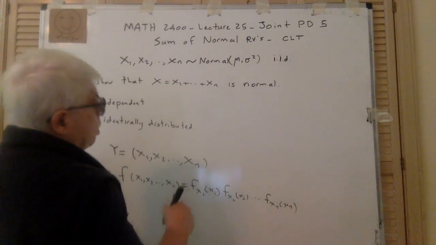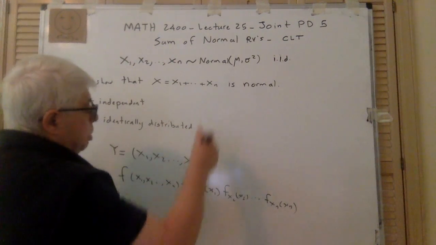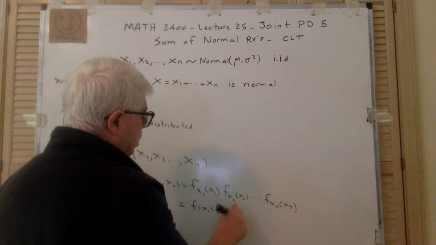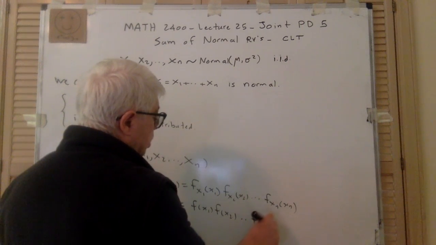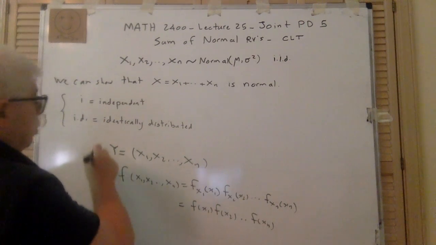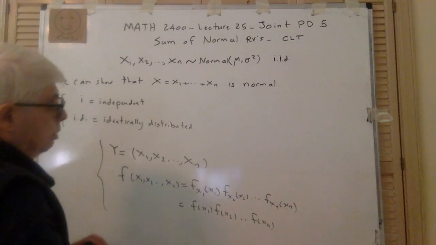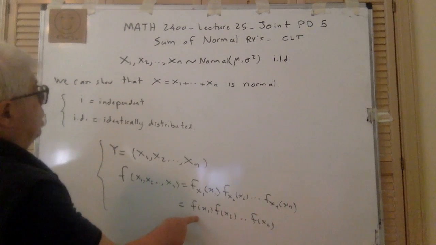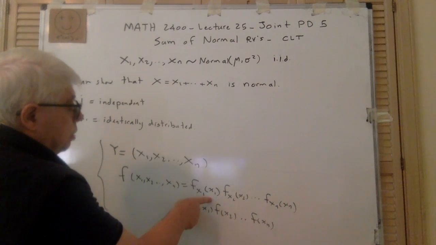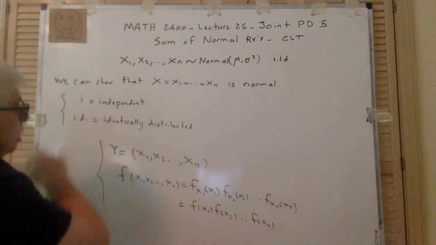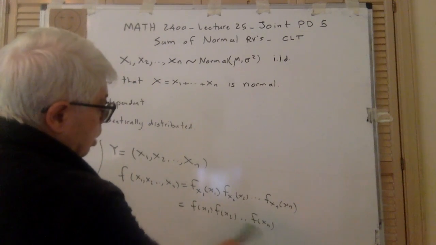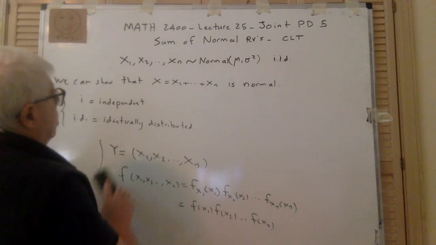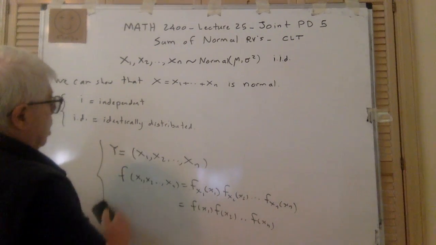And since all of them have the same distribution, this will be f X1, f X2 up to f Xn. This is what we discussed before. Independence gives us this split, and the identical distribution gives us that they are the same function of different variables. But this is something else. This is different from this.